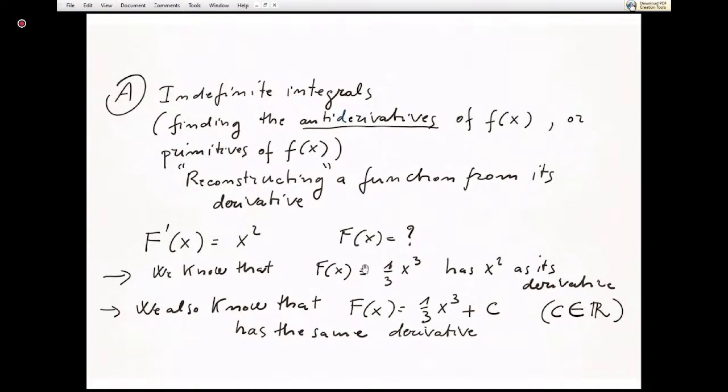So we know that this is one function having x squared as its derivative. Of course, this is not the only one, because any other function of the type 1/3 x to the power of 3 plus an arbitrary constant, any real number, has the same derivative.